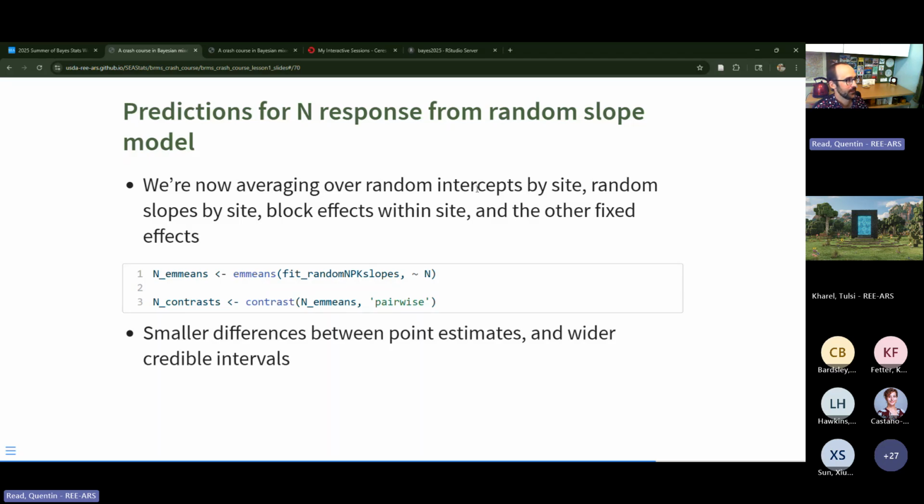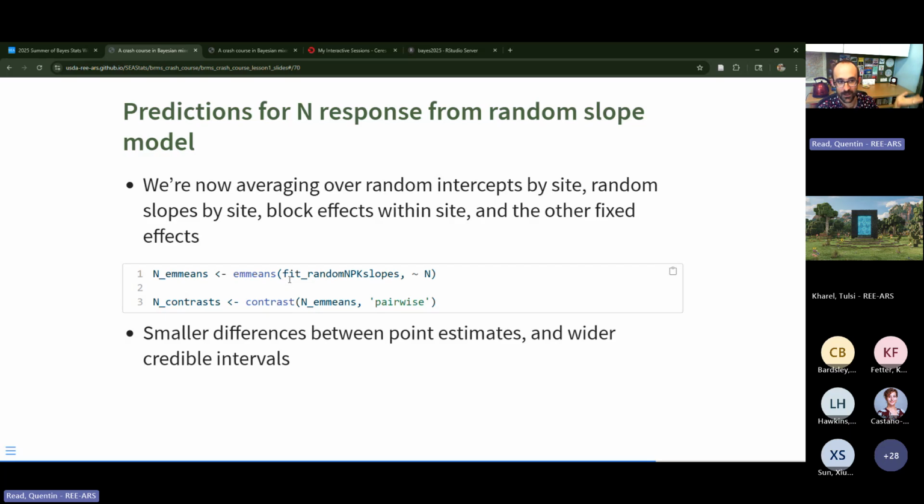If we still wanted nitrogen predictions for this new complicated model, we're still going to get a mean prediction for 0, 1, 2, and 3 nitrogen, but now it's averaging over a lot of stuff. It's averaging over all those random effects of site and the block effects, and it's averaging over the different levels of phosphorus and potassium as well. So let's take a look at what we get now in this more complex model.